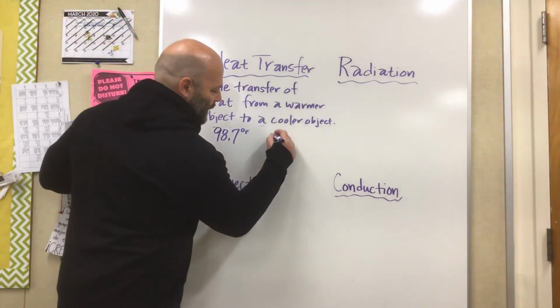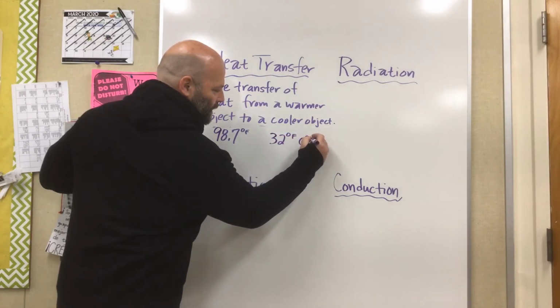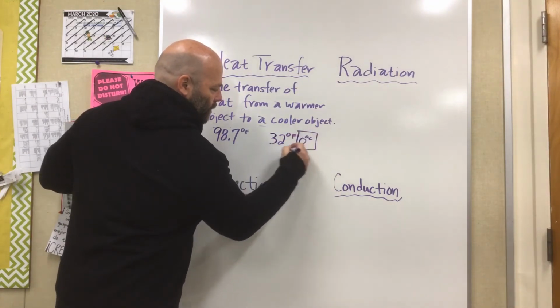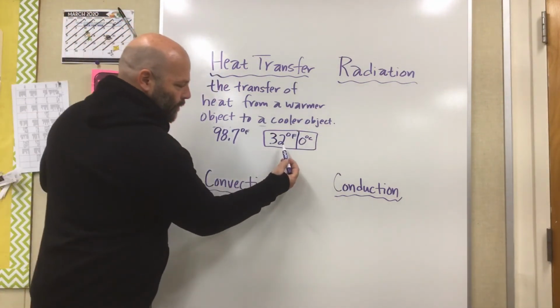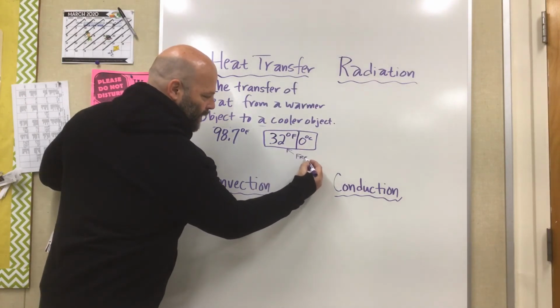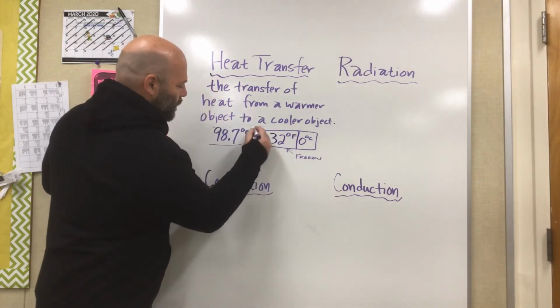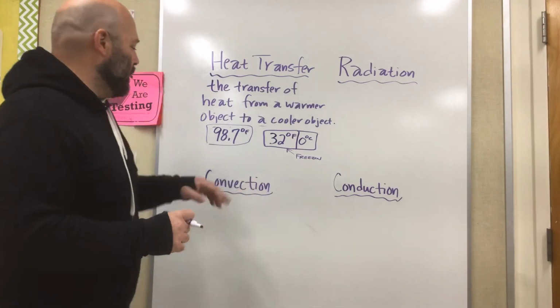And then a piece of ice, let's say, is 32 degrees Fahrenheit, 0 degrees Celsius. Now, we have a temperature difference here. We have freezing, so that is going to be a freezing temperature. Okay, and here you are, your own little furnace at 98.7, roughly.